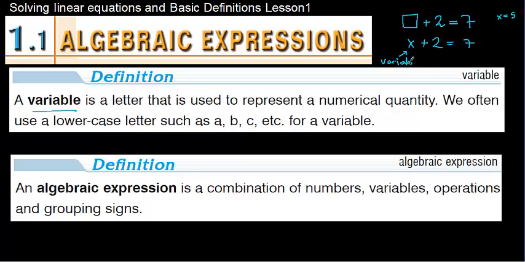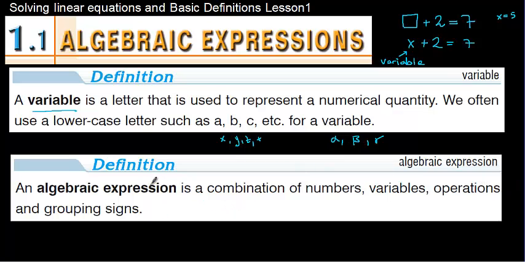We are going to use letters for that, like A, B, C, or X, Y, Z, T, or alpha, beta, or gamma. What is an algebraic expression? An algebraic expression is a combination of numbers, variables, and operations.